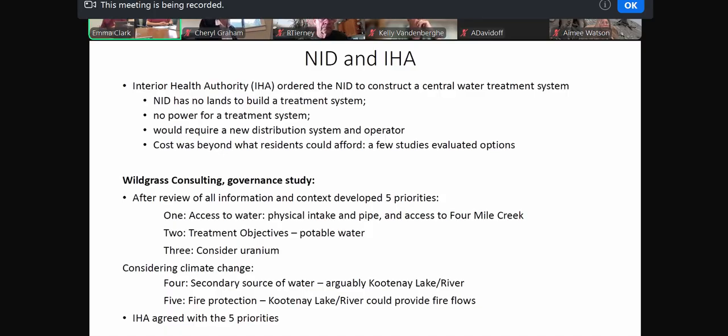And rather than treatment, actually, they need to get access to water. They didn't have legal access to their water already. And so, isn't it more important to make sure you have water than treating the water? A critical thing. And then they need to meet the treatment objectives for potable water.